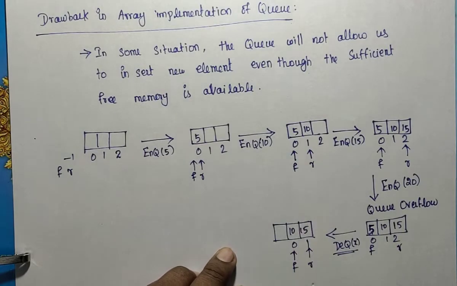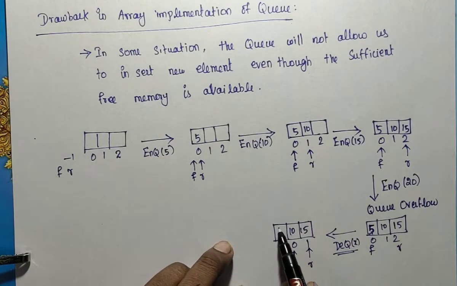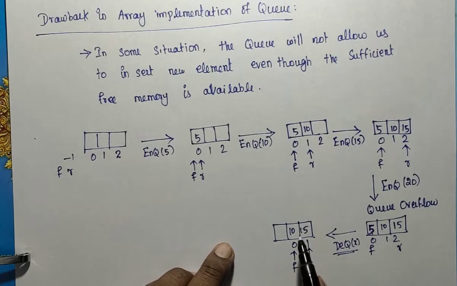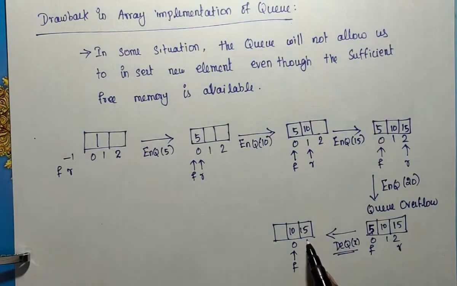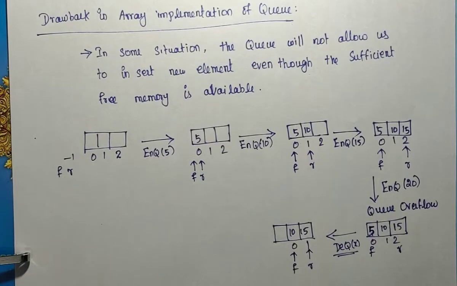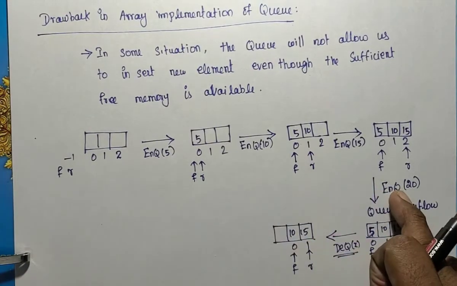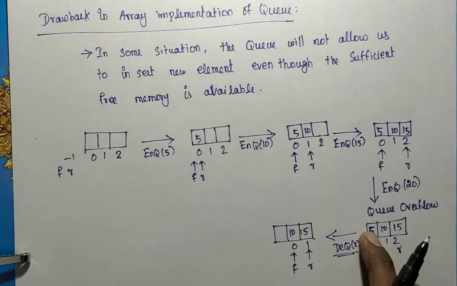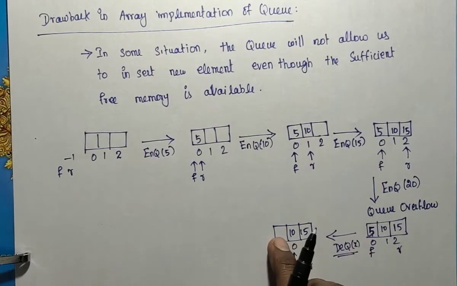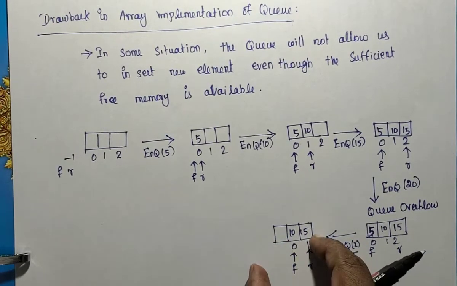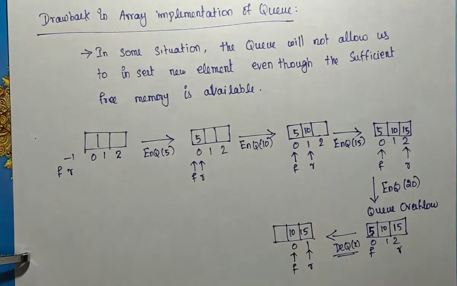The maximum size of the queue is 3 elements I can store, but logically the queue contains only 2 elements, because we inserted 3 elements and deleted one, the 5. So one free memory location is still there.